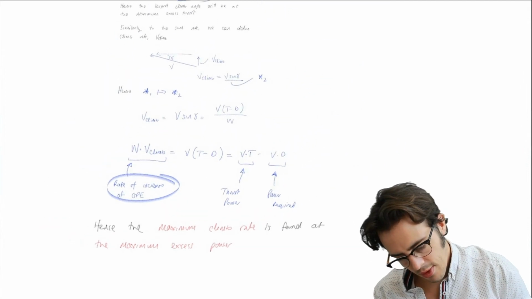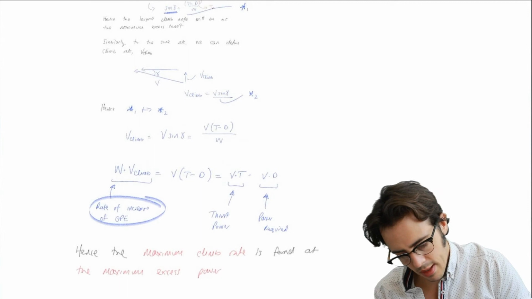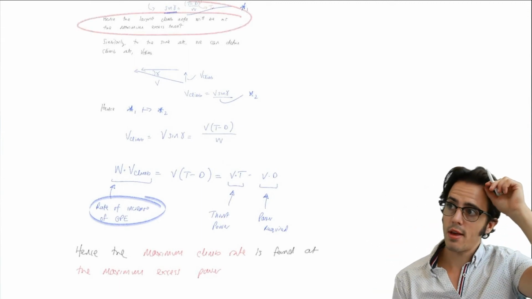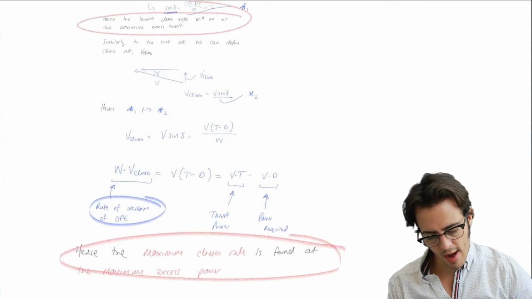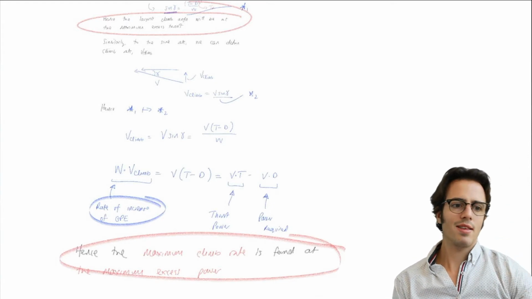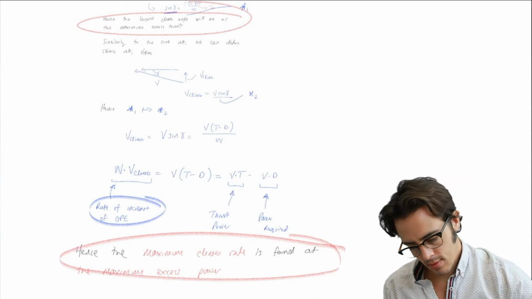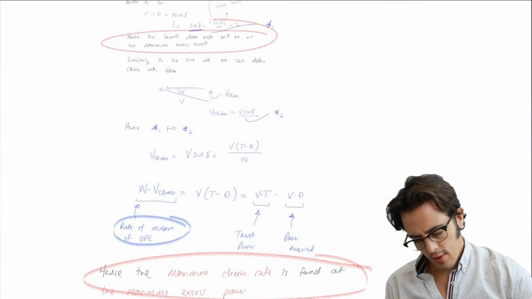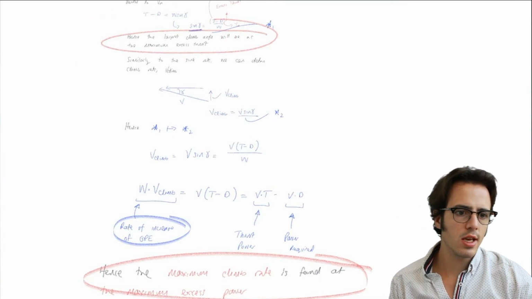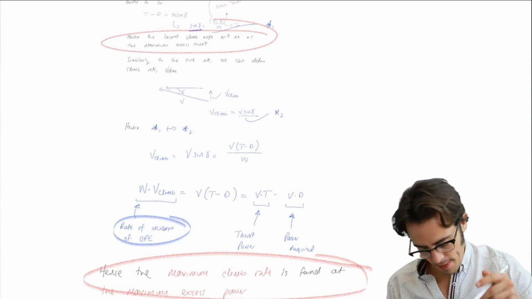So we've just found those two conditions. We found that the maximum climb angle is at the maximum excess thrust. The maximum climb rate is found at the maximum excess power. So let's try and think about where these actually occur for a given aircraft.